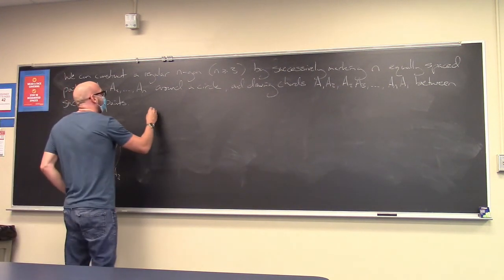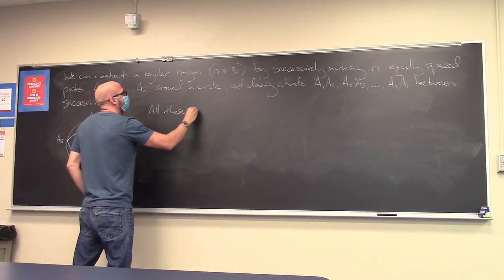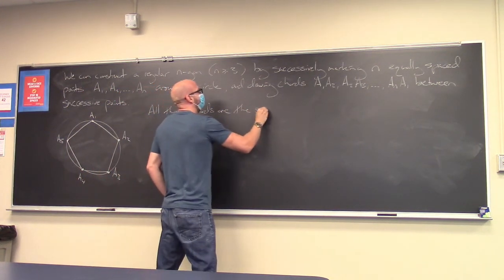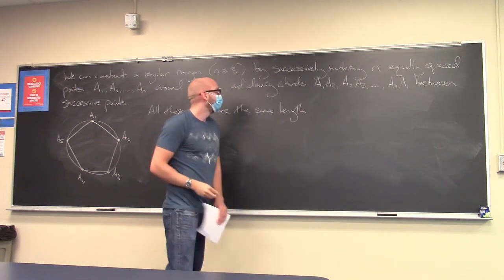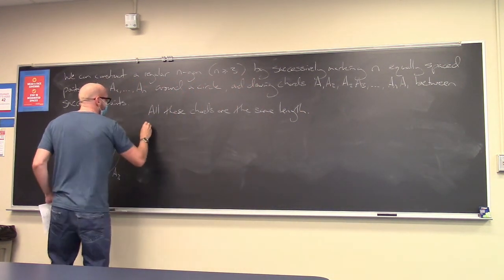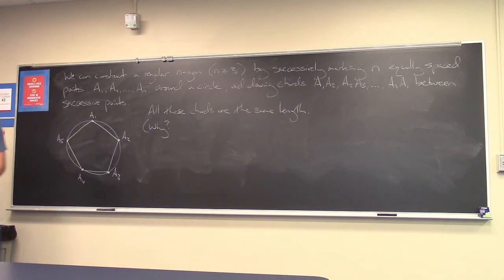So, all these chords are the same length. Why? How do I know they're all the same length?